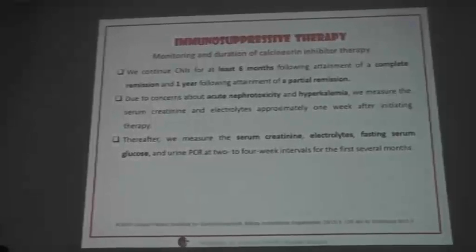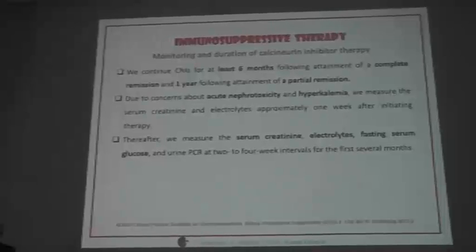This slide is very important because we're talking about the duration of medication. CNIs are to be continued at least 6 months following attainment of complete remission and 1 year following attainment of partial remission.